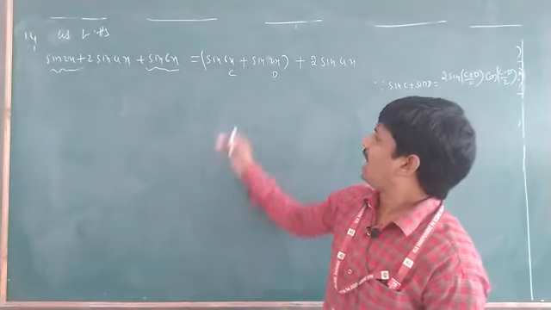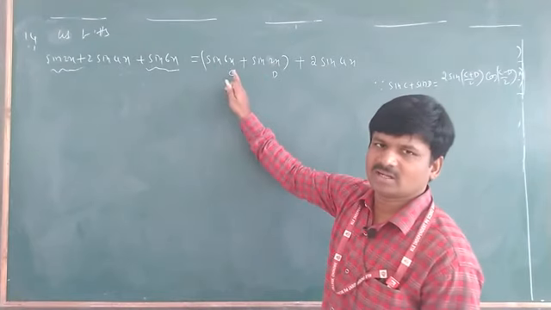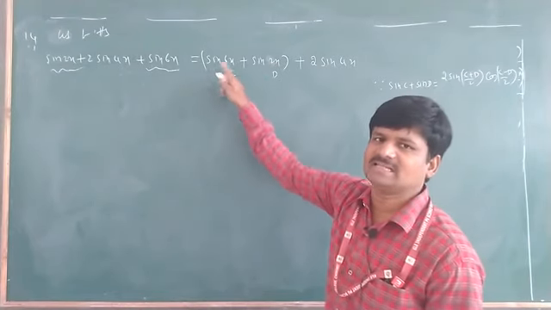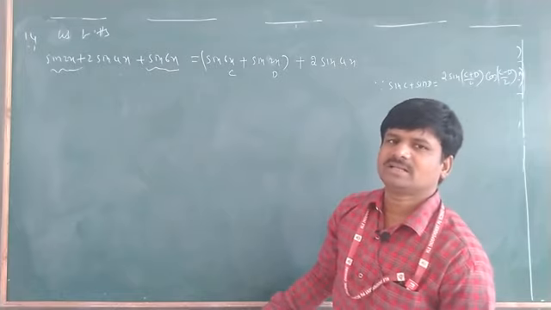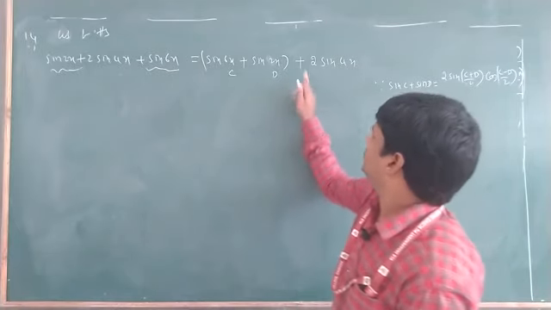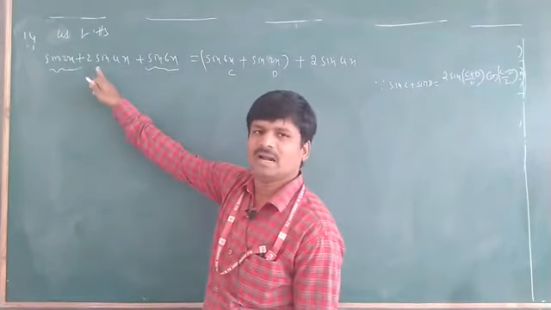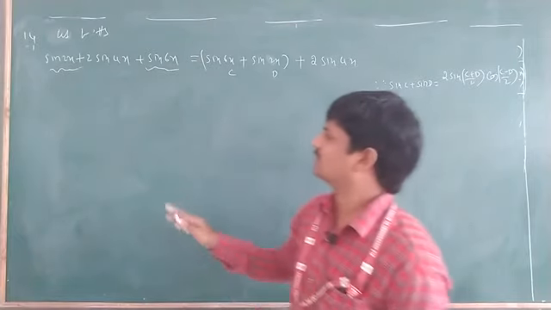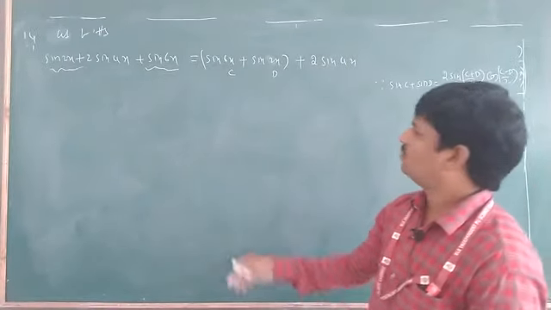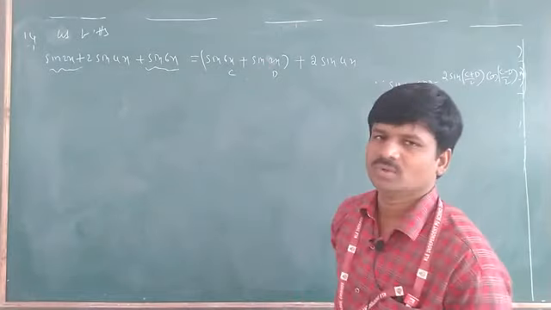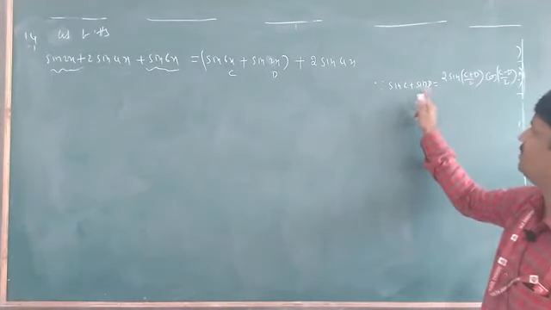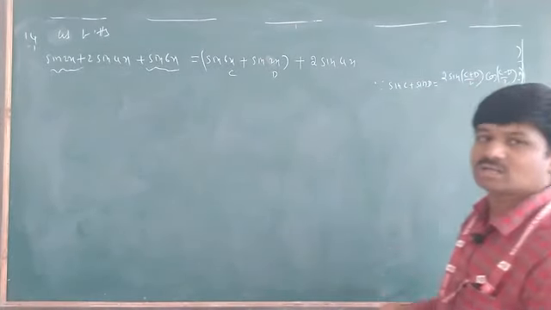After keeping these two terms in one bracket, it becomes the form sin c plus sin d, plus the remaining term 2 sin 4x. Use the formula: sin c plus sin d equals 2 sin of (c plus d) by 2 times cos of (c minus d) by 2.